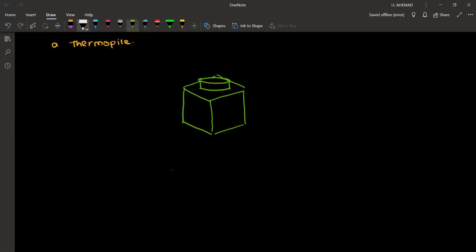On another side, we have a smooth surface. On another side, we have a white color painted surface. So the surface differs. Okay, so this is a Leslie's cube. And from this Leslie's cube, at a certain distance, let's have a thermopile. I will let you know what a thermopile is.